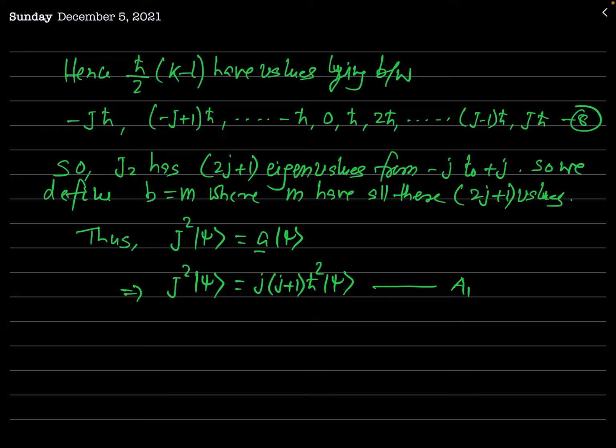This is actually the eigenvalue equation of the operator J square, and so you can say that j times j plus 1 h bar square are the eigenvalues of the operator J square.